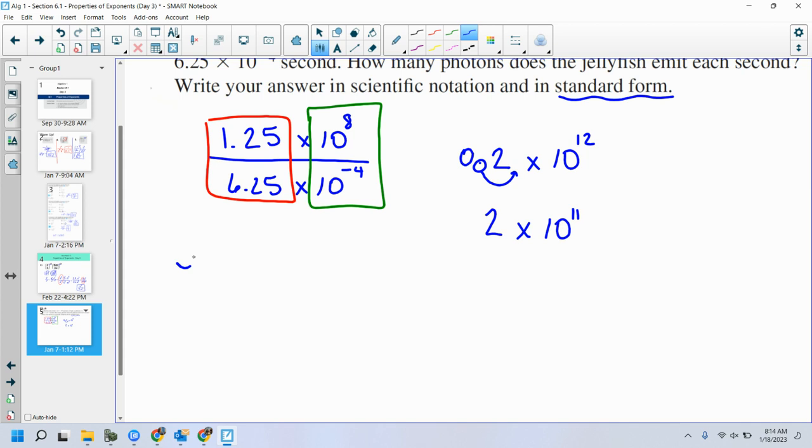What do I mean by that? If you had 0.2 times 10 to the 12th, well, that would mean I need to move that decimal place 12 units to the right. 1, 2, 3, 4, 5, 6, 7, 8, 9, 10, 11, 12. So what is this number?